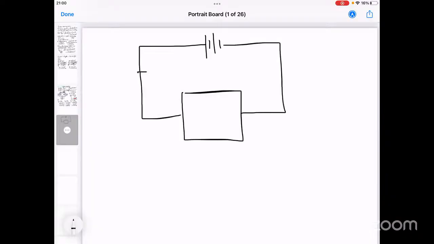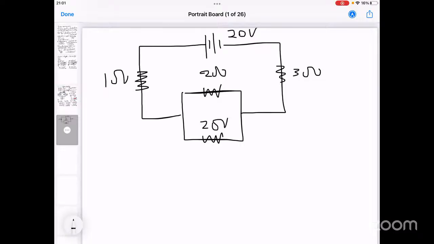So let's say here we have our resistor being 1 ohm, and then here, let's make it 2 ohms, and even this one we will say 2 ohms, and this one, let's say 3 ohms. Again, let's say you bought 20 units of electricity.